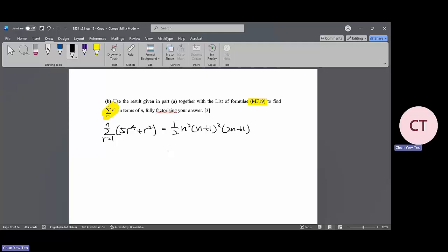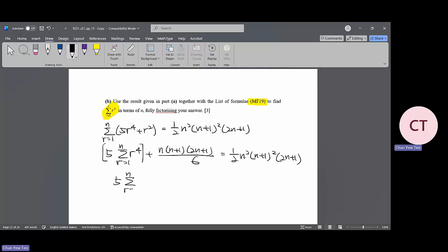One of the series is where we use the formula booklet to find the answer. So it will be 5 of the sum of r⁴ plus the formula booklet's n(n+1)(2n+1)/6, which is equal to ½n²(n+1)²(2n+1). So your left-hand side will still remain the sum of r⁴, and then your right-hand side will become this.